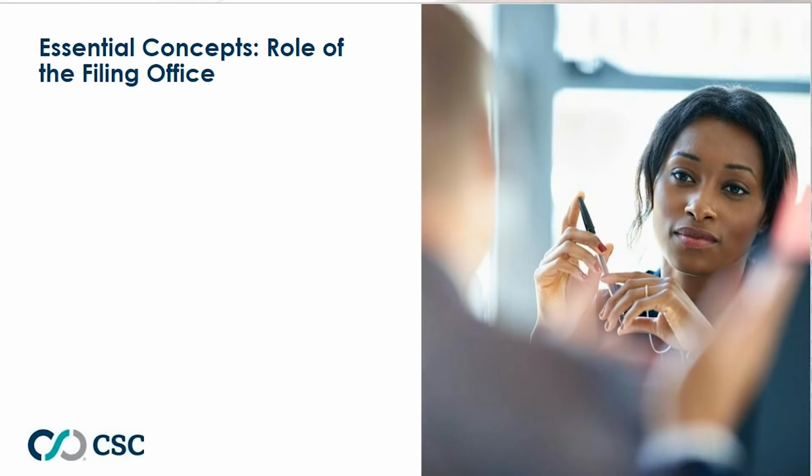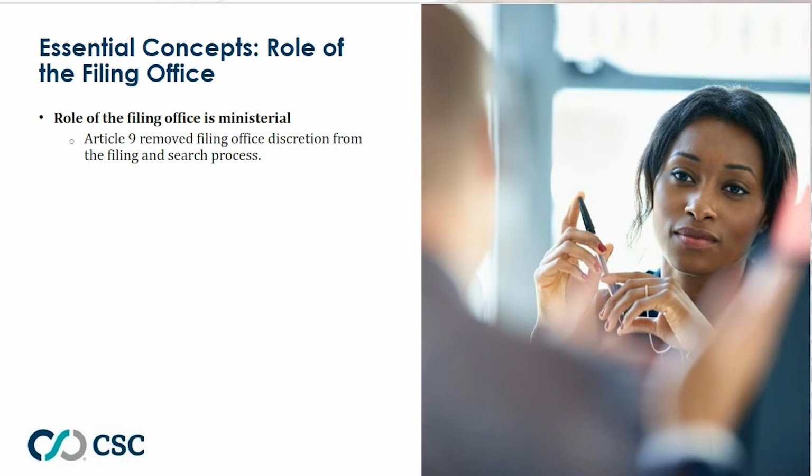The role of the filing office is ministerial, and Article 9 removed any discretion from the filing offices in their filing and search process. And it's important that we understand that, because any filing that is submitted that meets the sufficiency requirements of the UCC will be put in the record, whether or not it meets the perfection requirements.